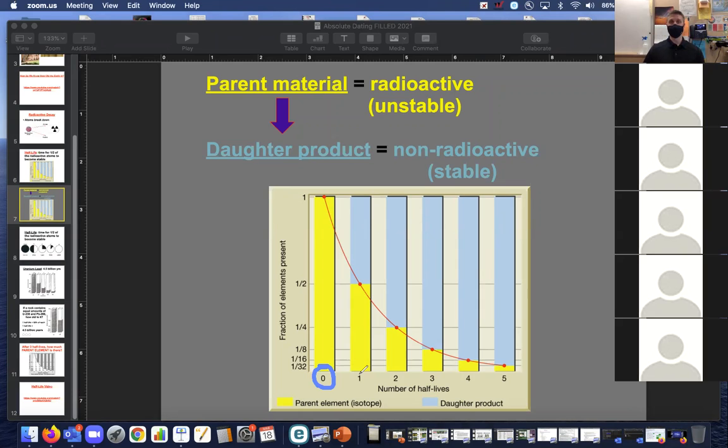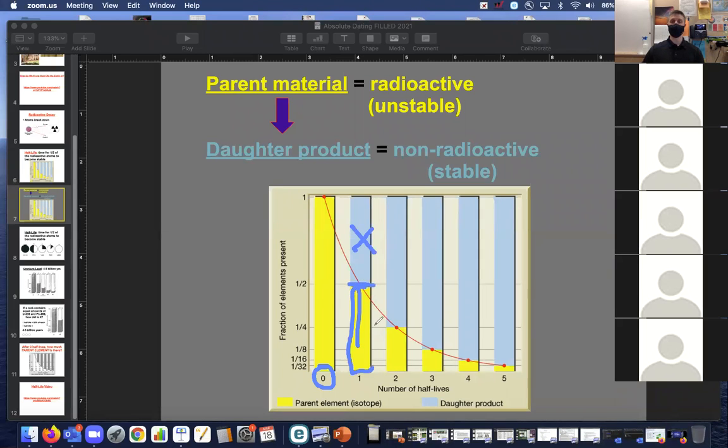Now, one half-life, which has been 1 hour for this example, half of the sample is still radioactive. This is not radioactive. Another half-life passes.